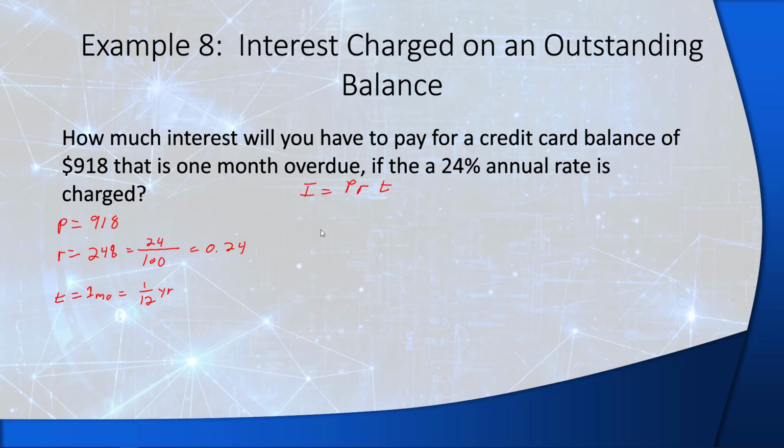And if that's the case, then our interest is going to be equal to the principal, which is 918, times the interest rate, which is 0.24, times 1/12. And if you use that in your calculator, you will get $18.36.